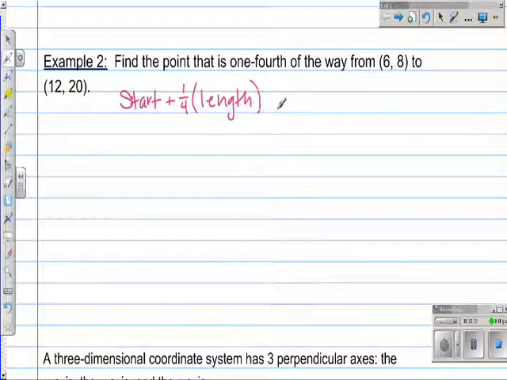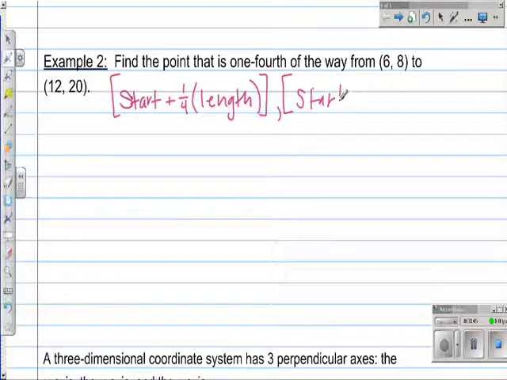And so that would be your x term. And then comma, we'll put that in brackets so you can see all of that together. When you solve that, that will be your x term. Your y term will be your starting y value plus 1/4 of the length of your y's.